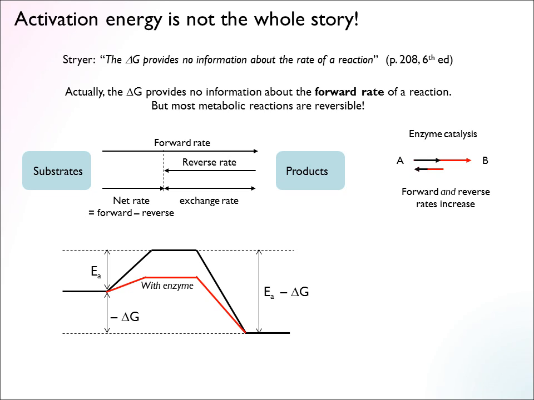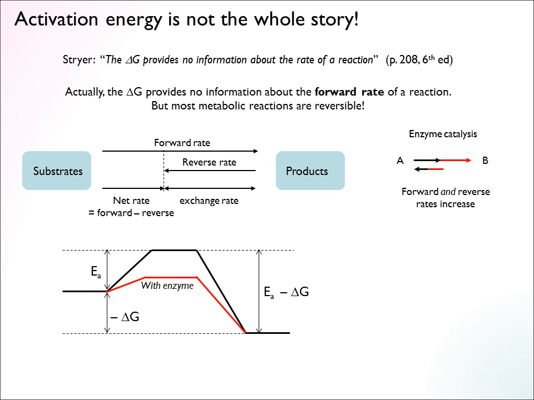So what happens with enzyme catalysis is that the forward and the reverse rates increase. So actually it is this exchange rate that is increasing. And you can see if you have an enzyme that lowers this down to almost 0, then you have a situation where the forward reaction happens very fast, and the net is really completely determined by the delta G, because it's determined by how much of this is going back again.